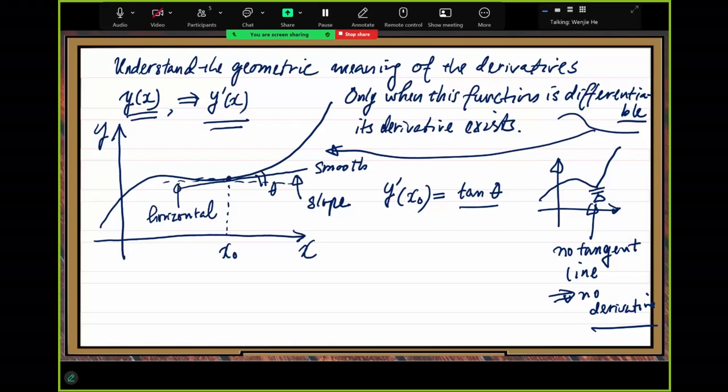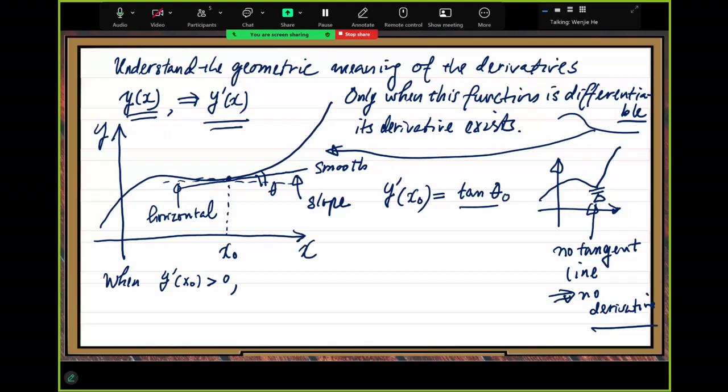Now we can use this understanding to understand the property. The property is when the derivative is positive, when y prime is positive. What do we mean?